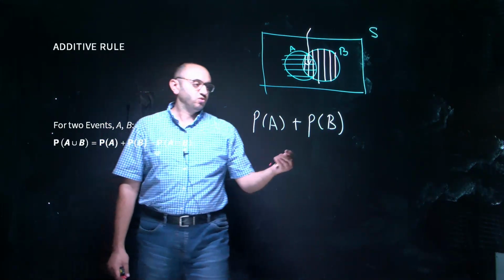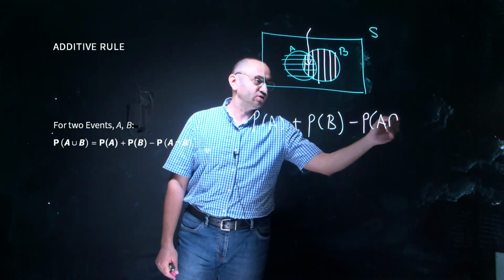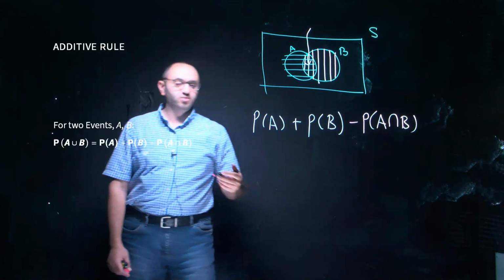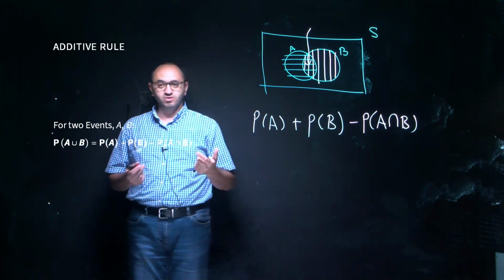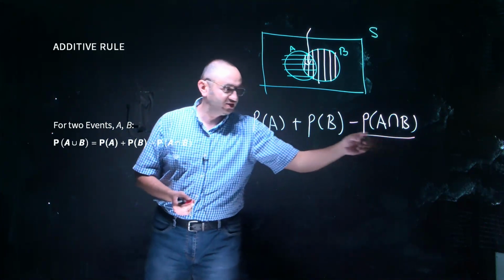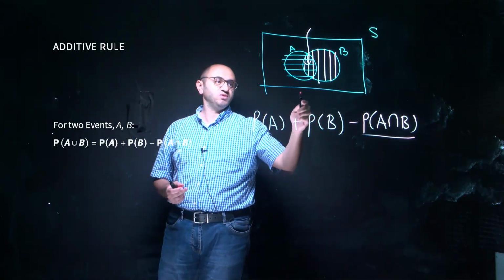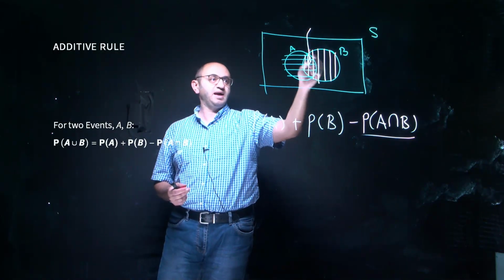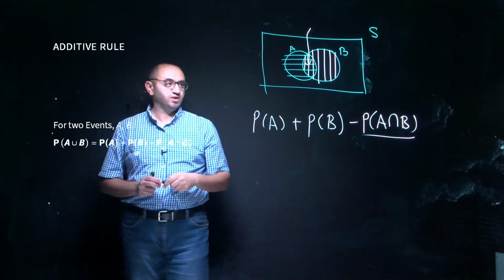So this is why we have to subtract probability A intersection B. When we subtract the probability of the intersection, we count the overlap one time, not double count it.